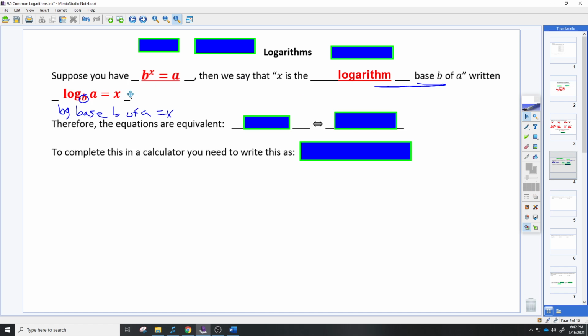These two things are equivalent. b to the x equals a is the same thing as saying log base b of a equals x. And this is one way to solve them, because if you notice, after changing it to this form, the x is now all by itself, and we get x equals the number.